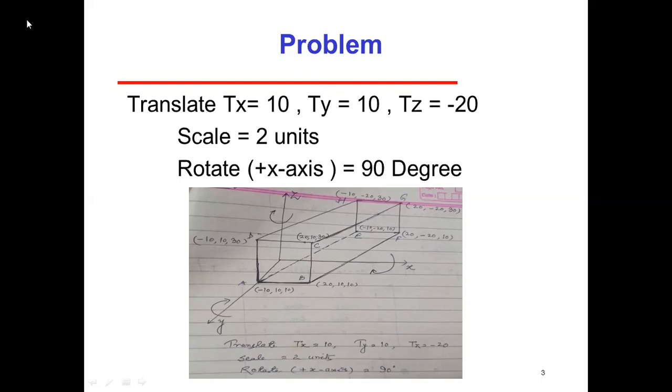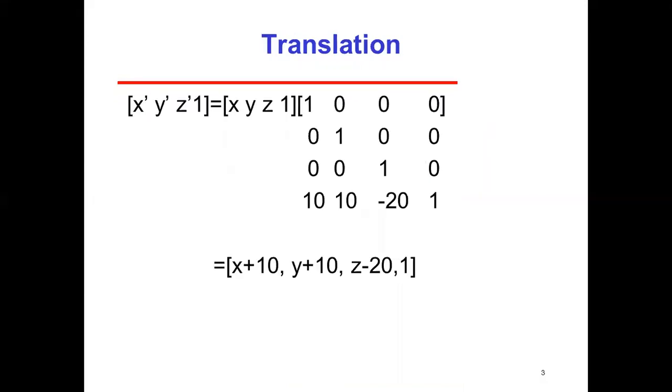So what is the translation matrix, or we can say the matrix formulation for the translation in case of the 3D? First we will write the formula for the 3D matrix for translation. So x dash, y dash, z dash 1 equal to x, y, z 1 followed by the translation matrix.